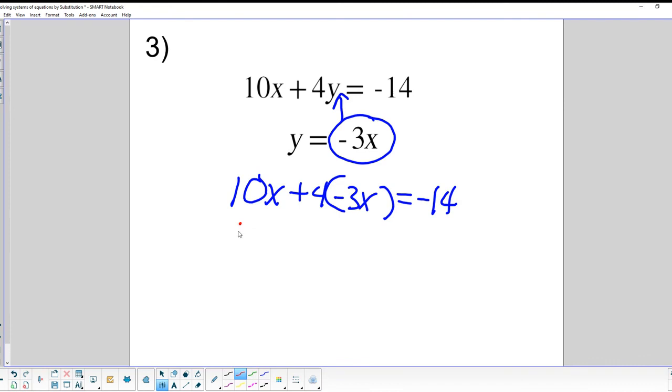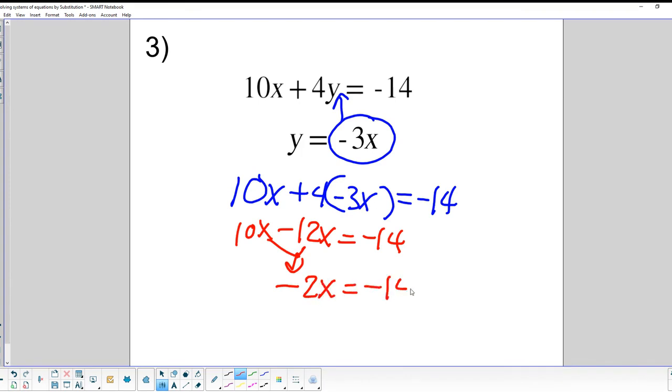When we simplify, we'll have 10x, and 4 times negative 3x would be minus 12x, equals negative 14. When we combine these two like terms, 10 minus 12 is negative 2x, and that equals negative 14.